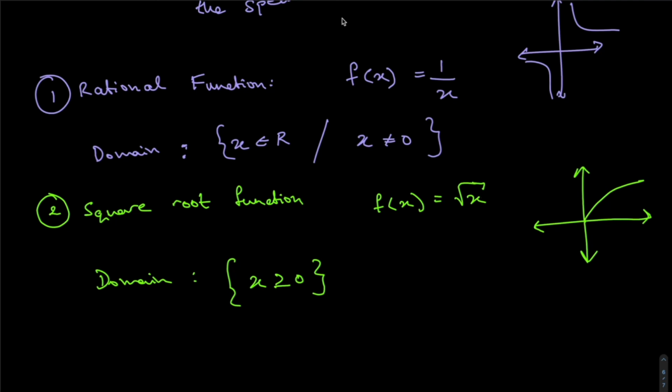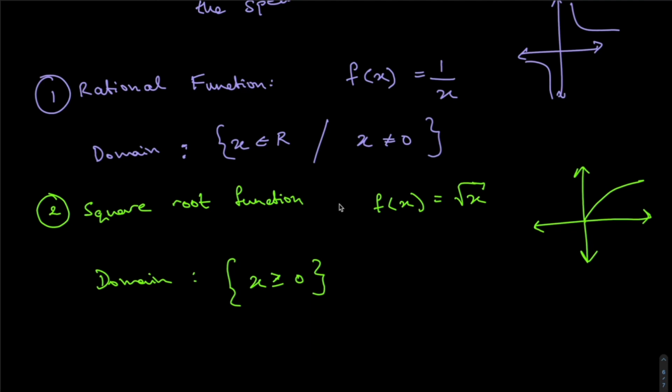So the domain here has to be x greater than or equal to 0. Otherwise, this function will not hold. So again, we adjust the domain so it meets the criteria of the function. In the end, it has to work, and it works by putting in acceptable values.